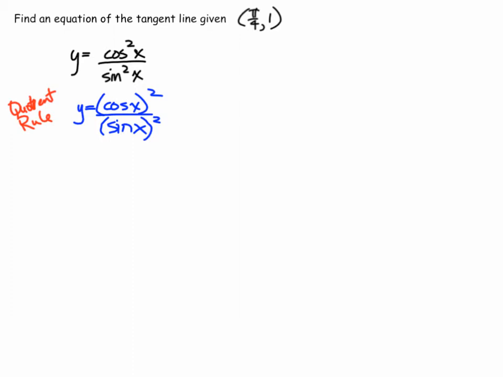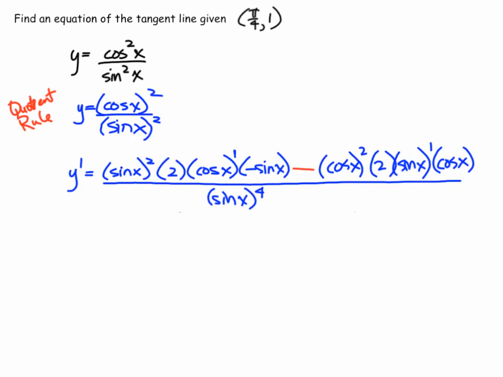When I go to take the derivative of this, I leave the denominator, sine x all squared, use the power rule, 2 times cosine x, and I subtract 1 from the exponent, and the derivative of cosine is negative sine x, minus cosine x all squared, use the power rule, so 2 comes in front, sine x to the power of 1, and the derivative of sine is cosine x.